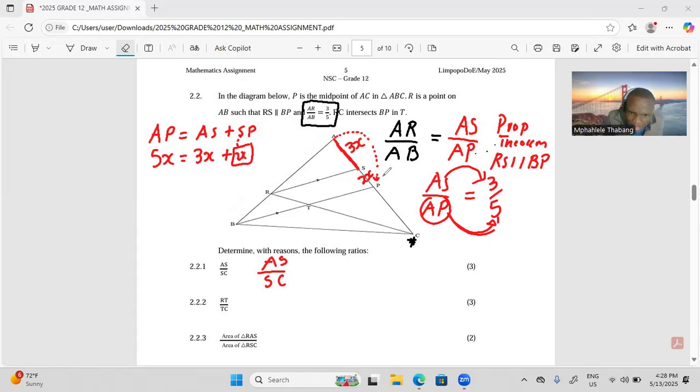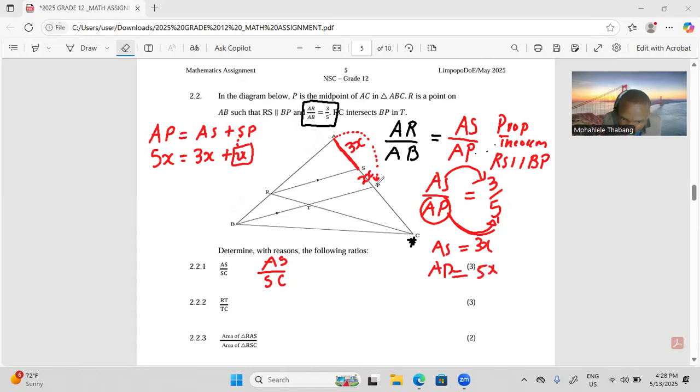So now the distance from A to P, I'm representing in terms of a variable. I'm saying it's 5x. I said AP can be considered to be 5x. Remember, I said AS can be seen as 3x. AP can be seen as 5x.